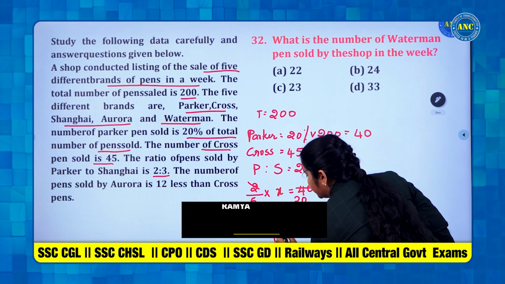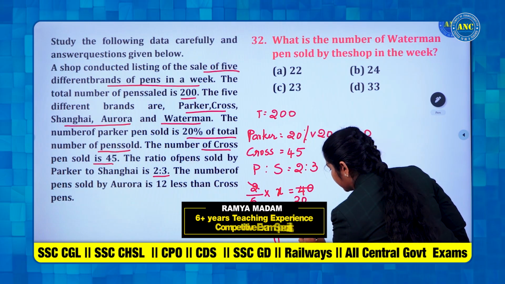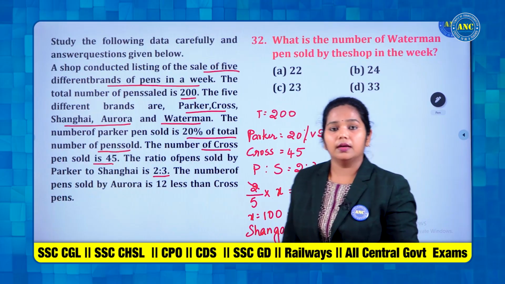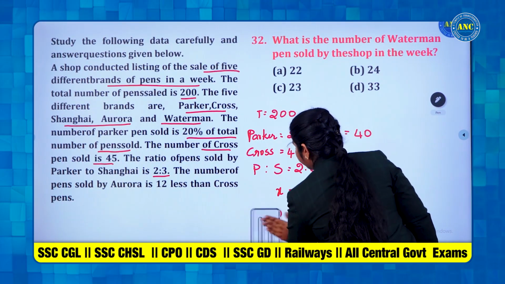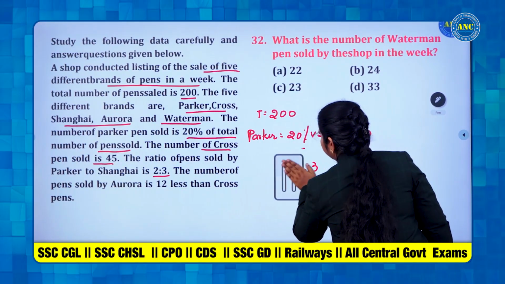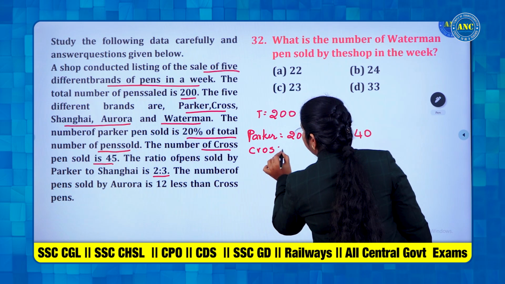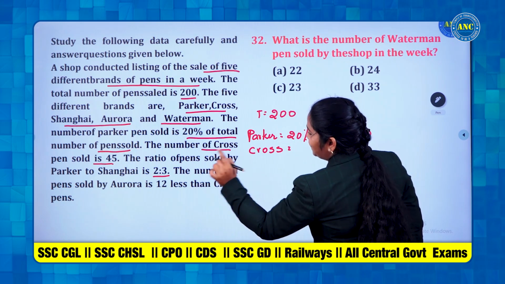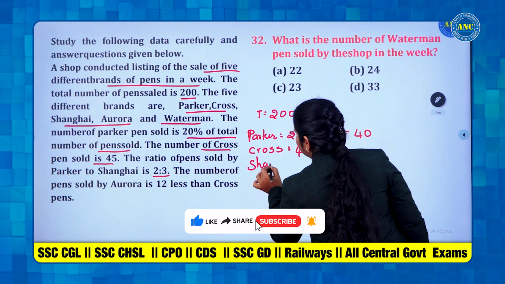When 40 pens are for Parker, 60 pens are there for Shanghai. Clear? Got the answer here? So now, we all know Parker pens are 40, Cross pens are 45. Shanghai pens are how much?